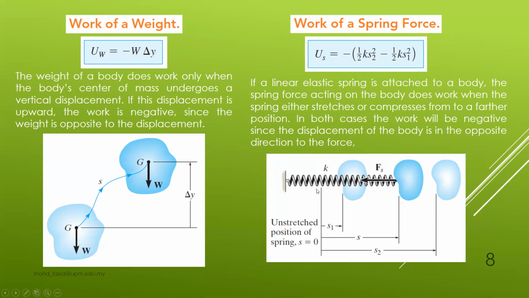Stretch means you pull it, and the spring becomes longer, and when you compress, it becomes shorter from one position to a further position. In both cases, the work will be negative since the displacement of the body is in the opposite direction to the force.